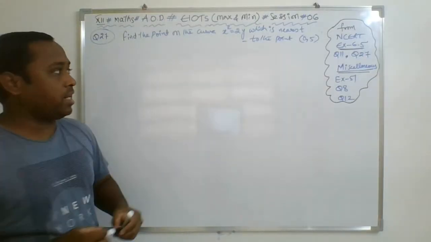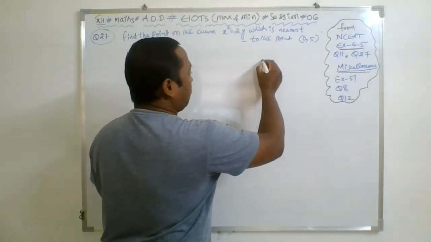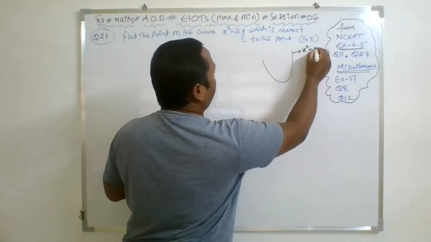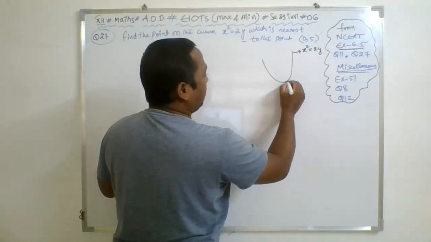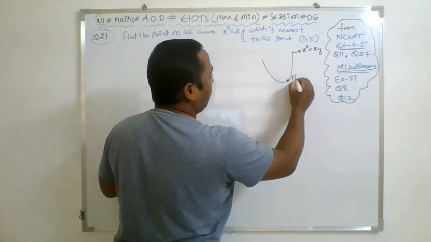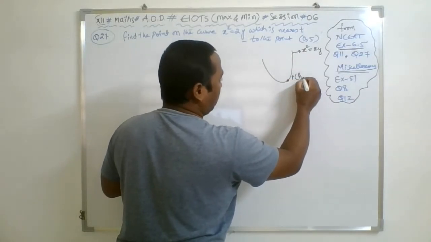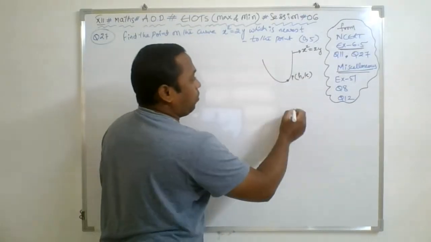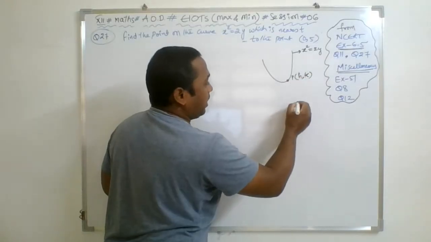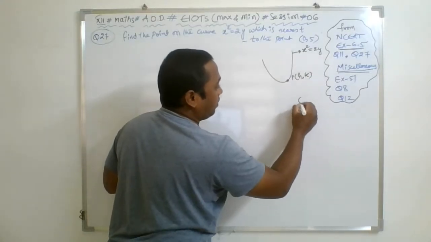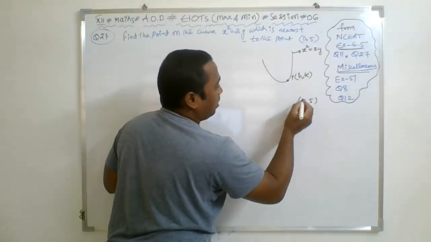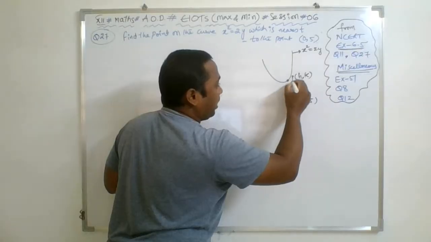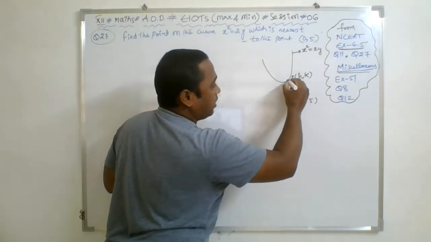To understand this question, I am first making a simple curve. Let us say this is the curve x square is equal to 2y, and there is a point P on the curve in the form of some h comma k. There is another point Q in the same plane, 0 comma 5, and I assumed P is the point which is nearest to this point.